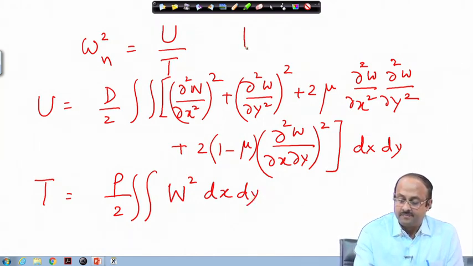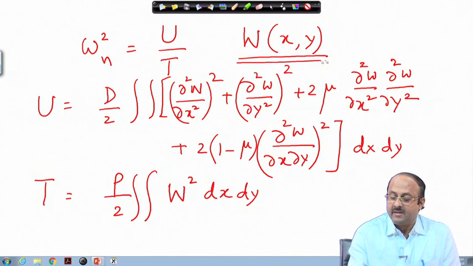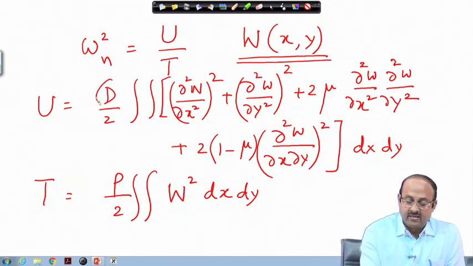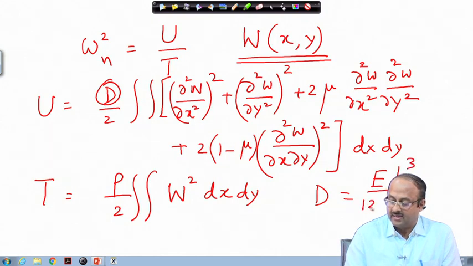where W is a function of x and y, which is conveniently taken depending upon the boundary conditions. And here D is related to the material property as well as the geometry. This is something like this.